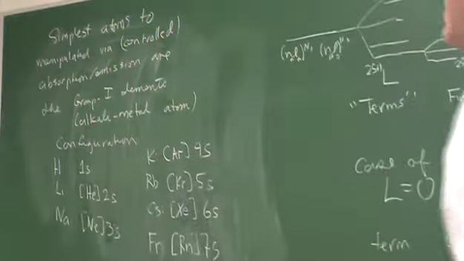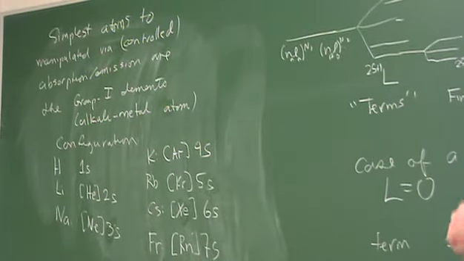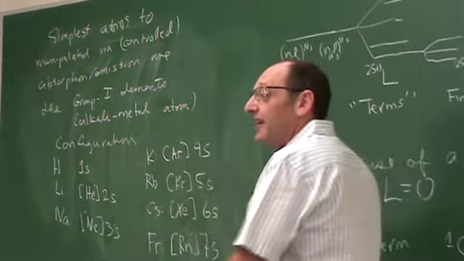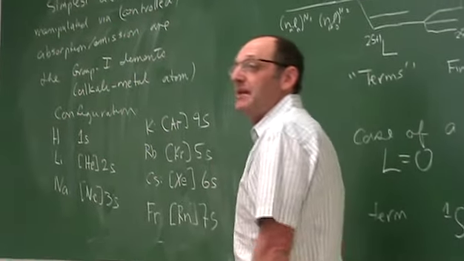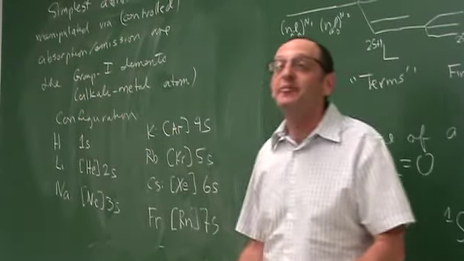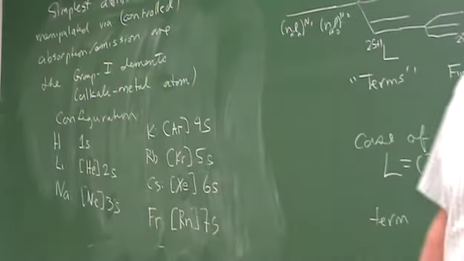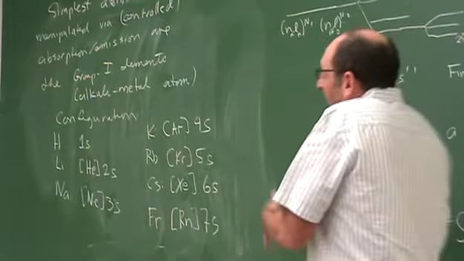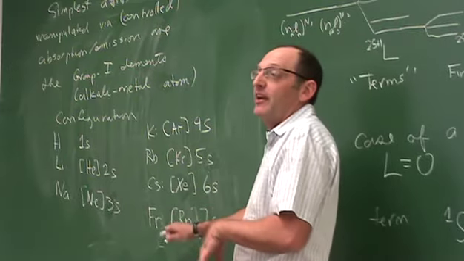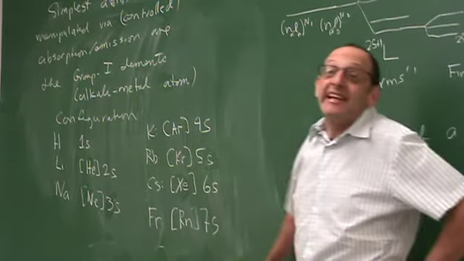Okay. All of these atoms have been laser cooled. All of them have been condensed all the way to BEC, I think, other than francium. Francium is the one whose isotopes are all radioactive. But that's actually interesting too.